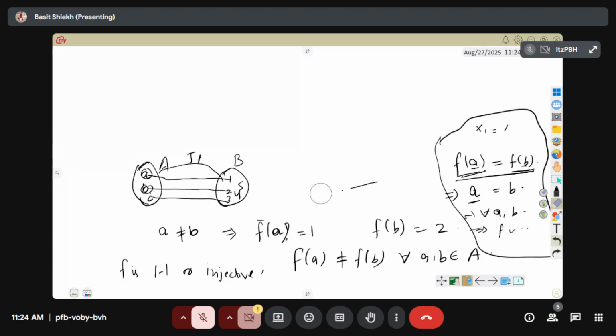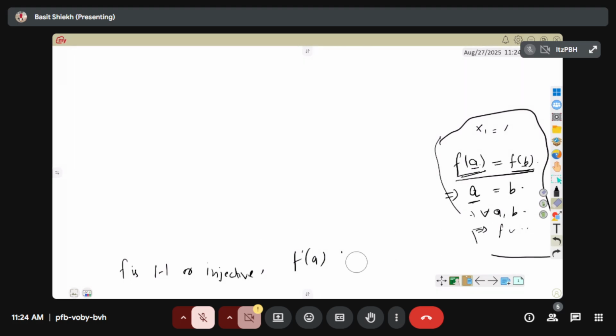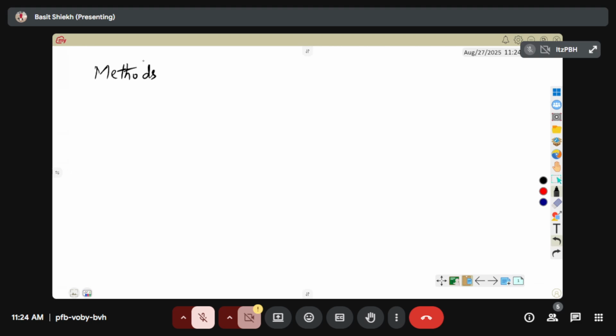First is the analytical method, which we just defined. x1 not equal to x2 should imply f of x1 not equal to f of x2, or if f of x1 equals f of x2, that should give us x1 equals x2. Methods to determine a one-one function.